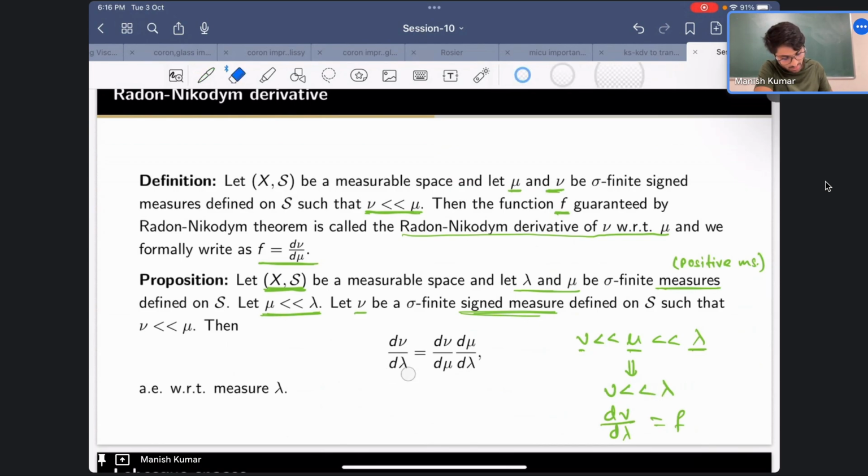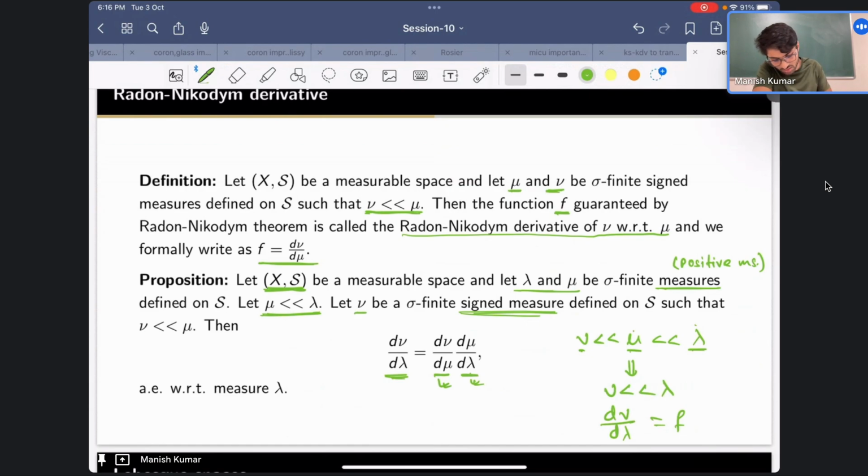Since nu is absolutely continuous with respect to mu, this quantity is also well defined. Since mu is absolutely continuous with respect to lambda, d mu by d lambda is also sensible. These three quantities are sensible, guaranteed by the Radon-Nikodym theorem.